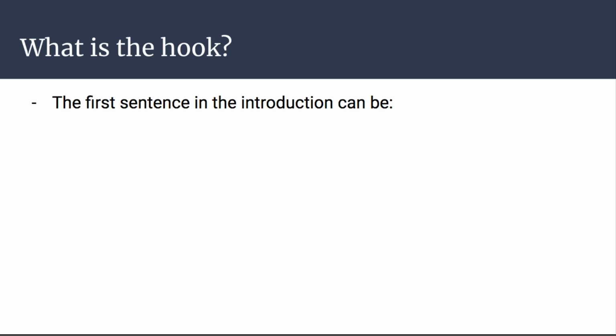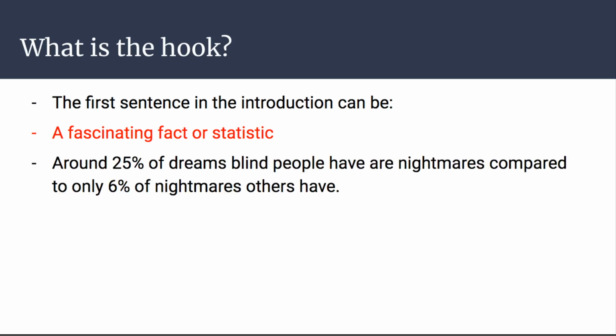So next, let's think about a fascinating fact or statement. And again, the key word there is fascinating. So let's look at some examples. So first one, around 25% of dreams blind people have are nightmares compared to only 6% of nightmares others have.